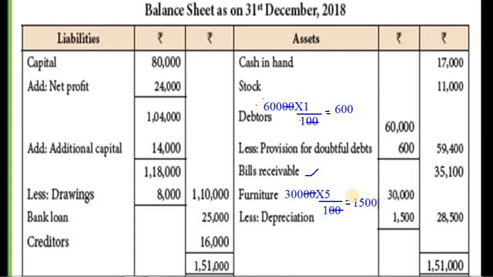On 30,000, we are calculating 5%. We are cancelling above in the numerator and denominator 2 zeros, and after that 30 into 5, we are getting 1,500 as depreciation. After deducting depreciation, we are showing the net value of furniture in the closing balance sheet.